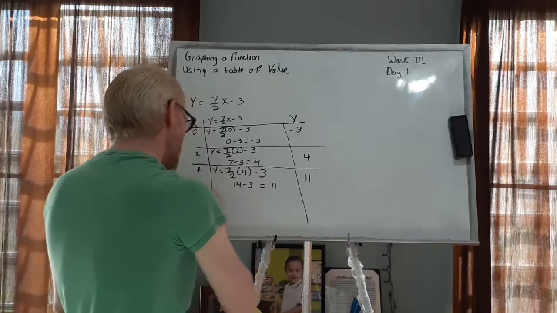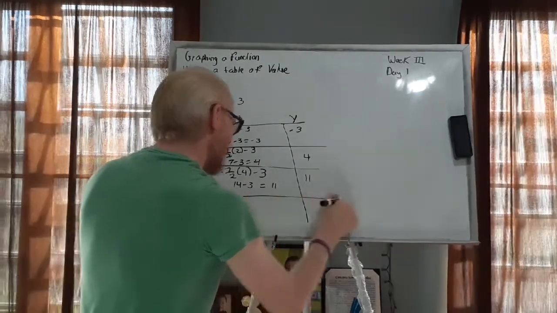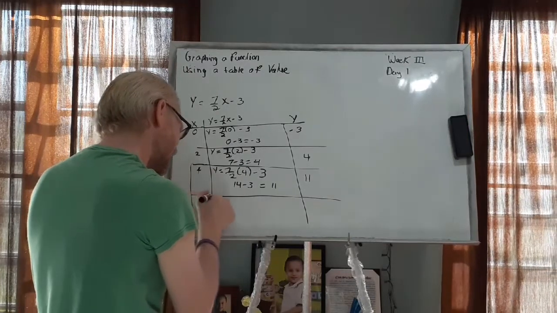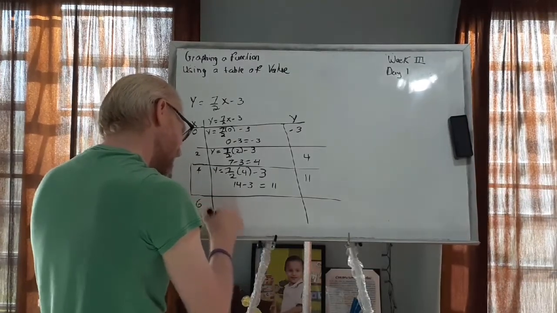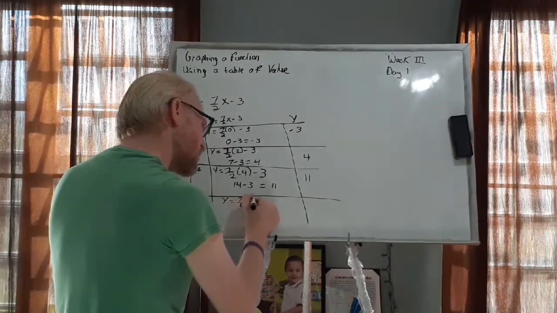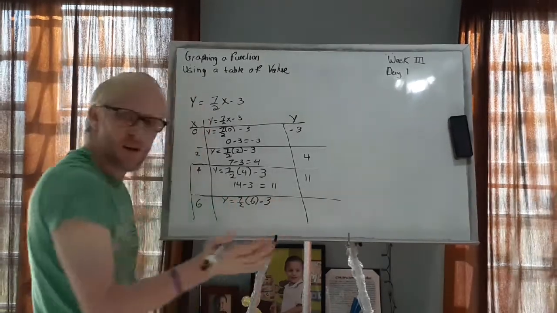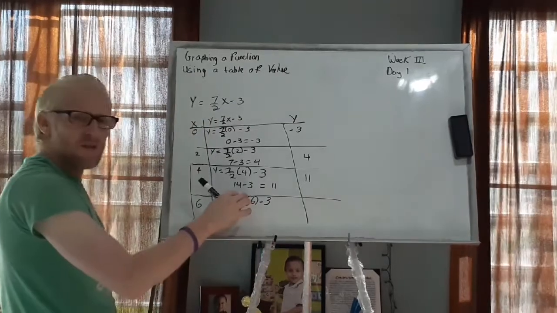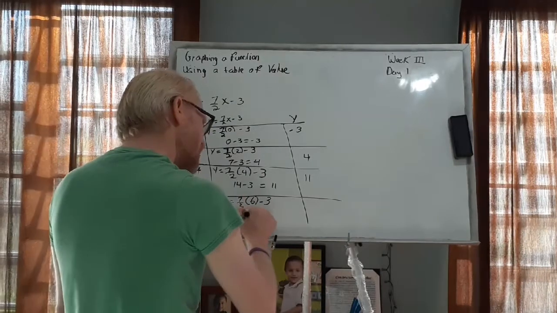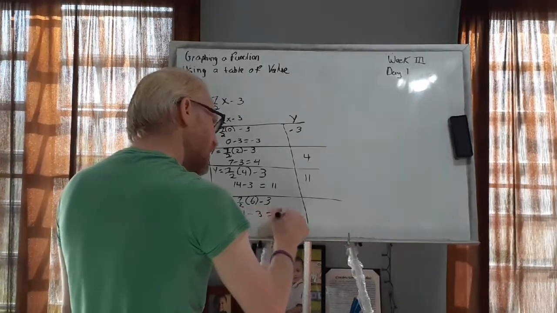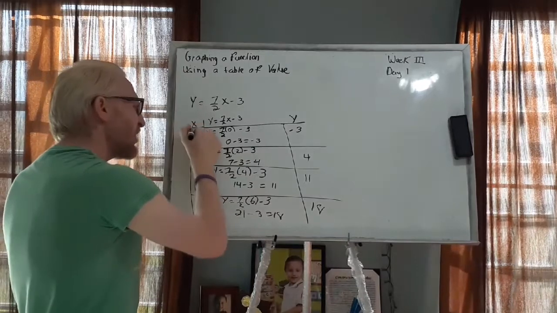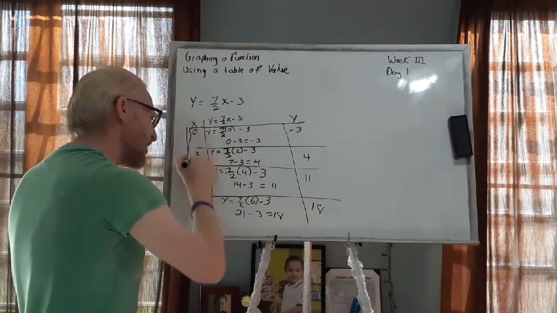And now I'm going to do the same thing for my last input value, which is 6. y equals 7 over 2 times 6 minus 3, okay? 7 times 6 is 42, and 42 divided by 2 is 21, and 21 minus 3 equals 18, so that would be my other ordered pair.